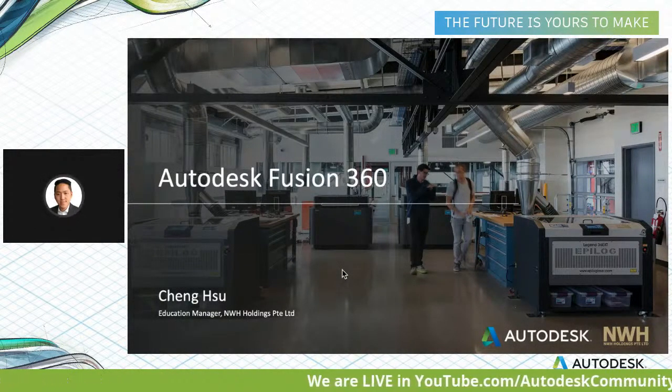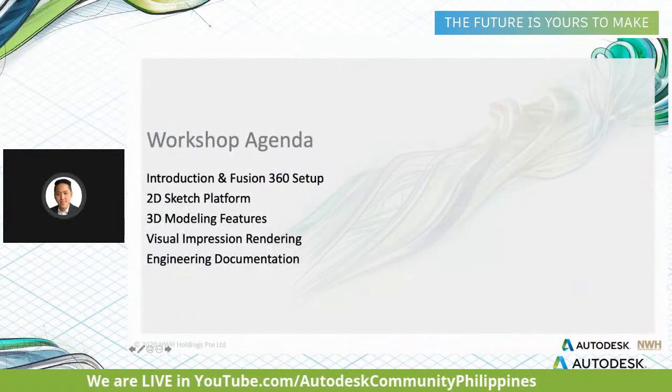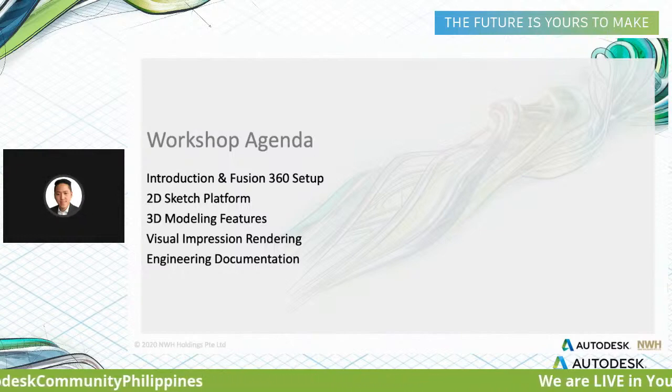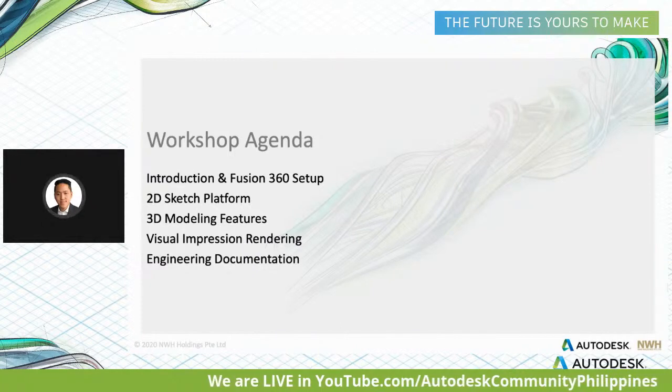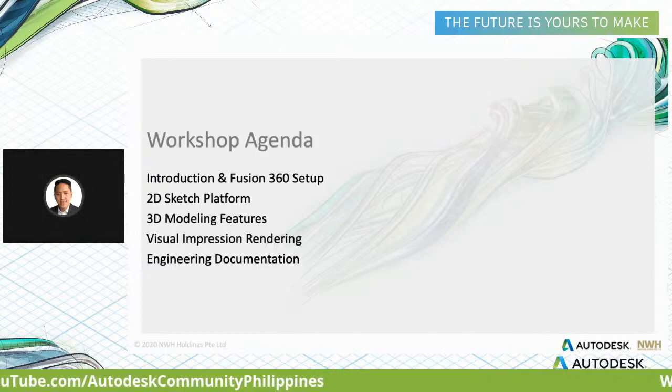Have you installed Fusion 360 yet? If you have not, it's all right. I will go through with you on how to get the license. Today's workshop will cover the introduction to the Fusion 360 setup, followed by 2D sketch platforms, which I believe some of you probably used in AutoCAD previously.